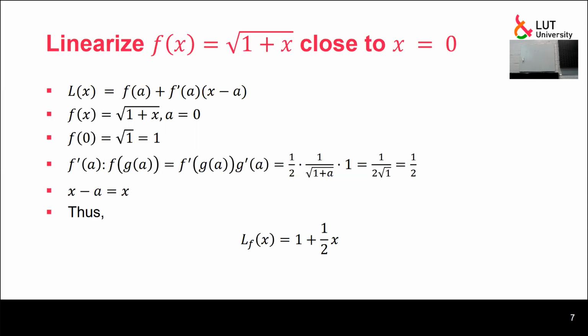So we get just half, because the square root of 1 plus 0 is square root of 1, which is 1. So there it goes. X minus a when a is 0 is x. So our linearization function is 1 plus half x.